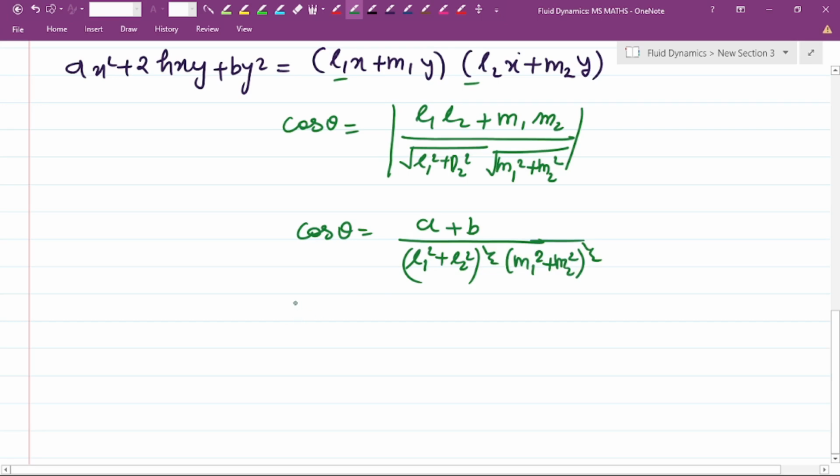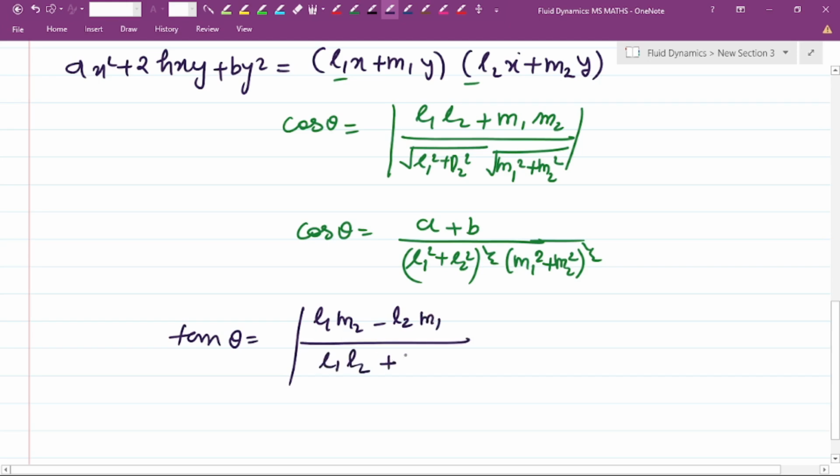If I find the tan theta, this is the angle basically. So what is the tan theta? Tan theta is L1 m2 minus L2 m1 upon L1 L2 plus m1 m2.